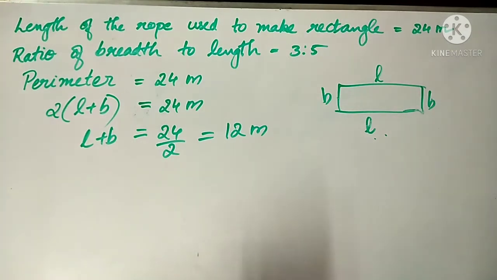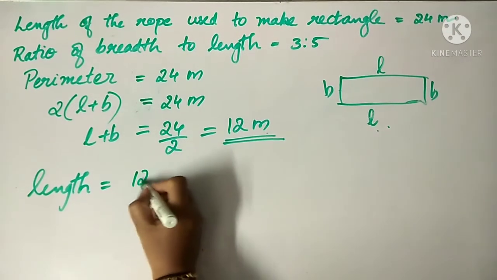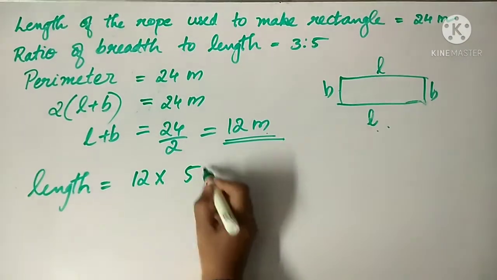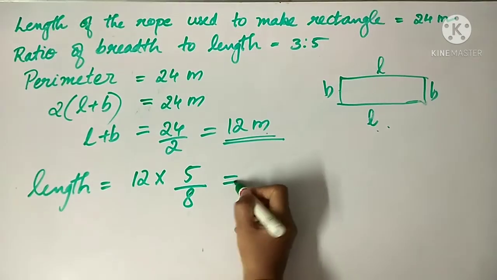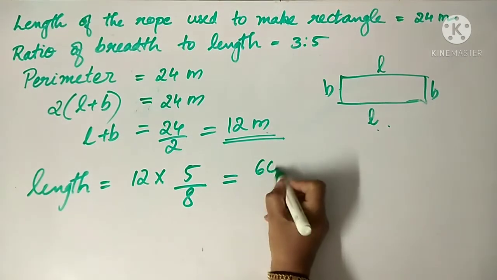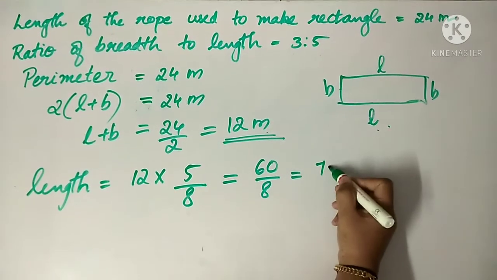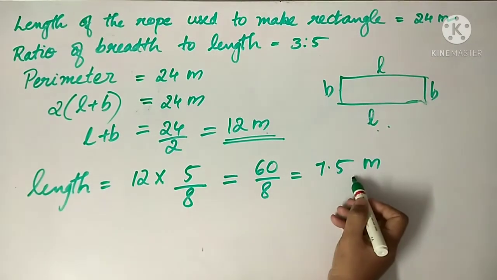Now let us find what is length. Length is equal to total 12 meter into ratio of length 5, by total 3 plus 5 is 8. That is 12 into 5 is 60 by 8. When we divide 60 by 8 we get 7.5 meter. So length we get as 7.5 meter.